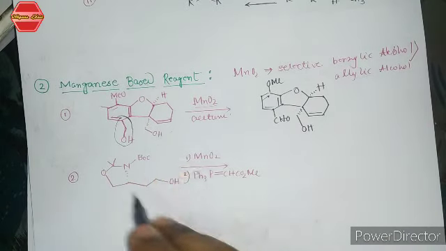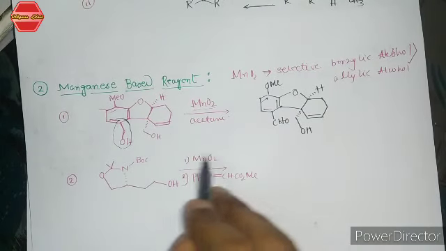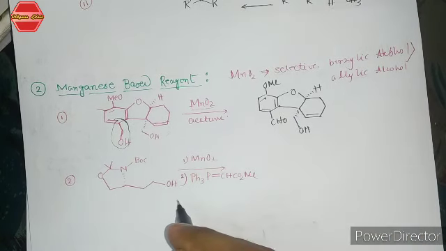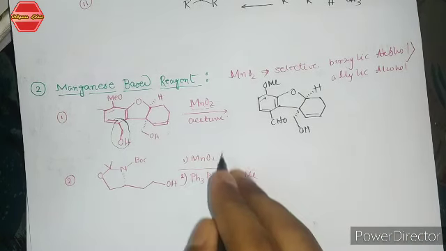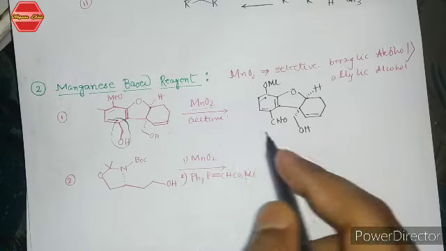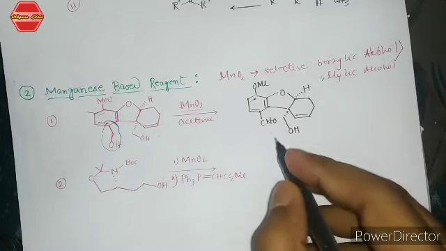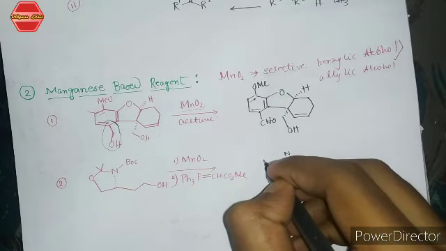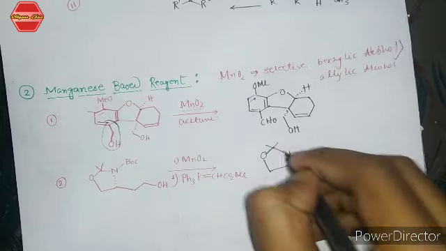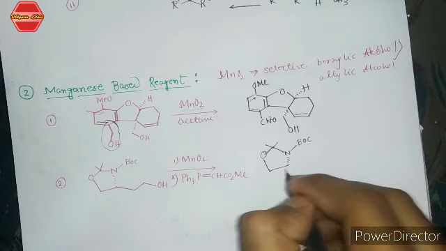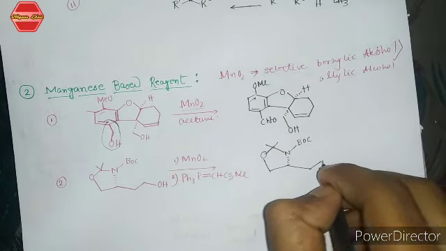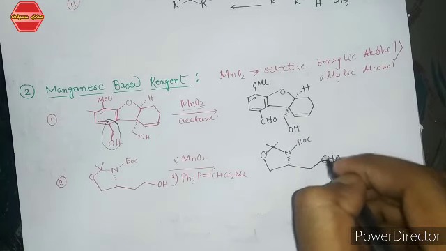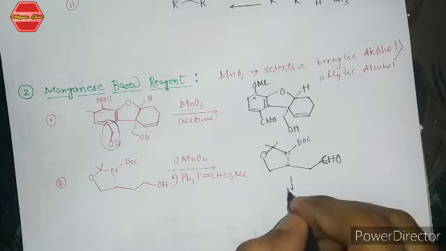Here is another important example, where you have MnO2 and after that you have this type of ylide. So first, when we use the manganese dioxide, MnO2, what will be your product? We all know what the product is, this is our product, that is your CHO. Now you have given this ylide.